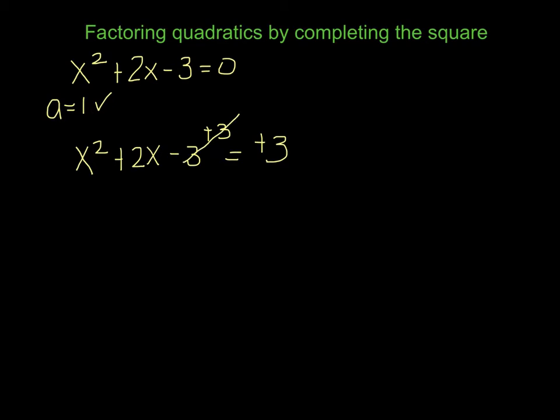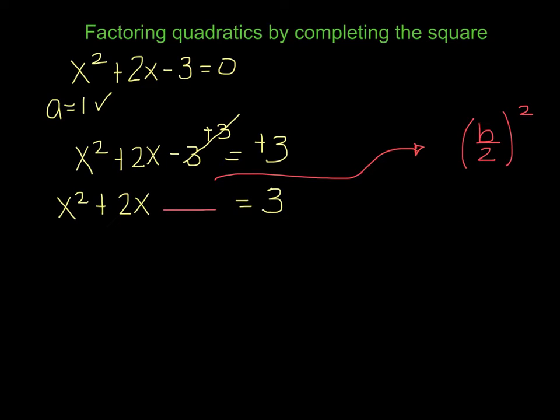Once we do that, our new equation turns into x squared plus 2x on the left side and a 3 on the right side. Now if you noticed, I've left a spot here. Now this spot is going to come in handy because we're going to place something in it as we are completing the square.